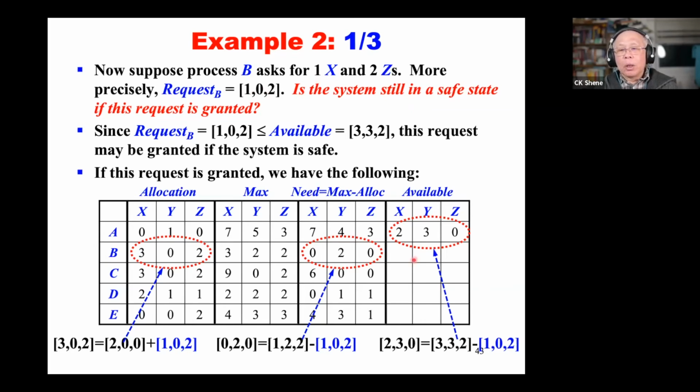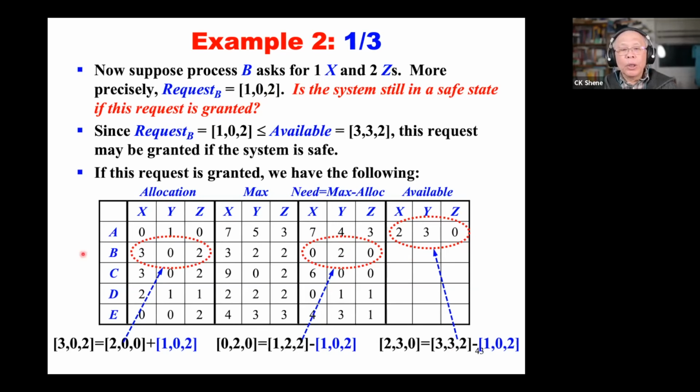So previously, we have 3, 3, 2 initially. So taking out 1, 0, 2, the current available is 2, 3, 0. Now, because B has already gotten 1, 0, 2, the original 1, 2, 2 minus 1, 0, 2, the new need will be 0, 2, 0.